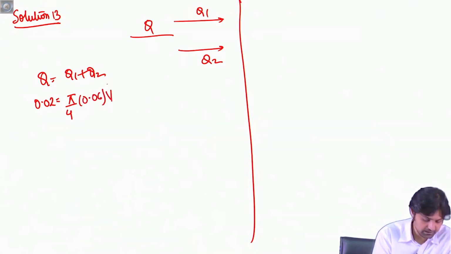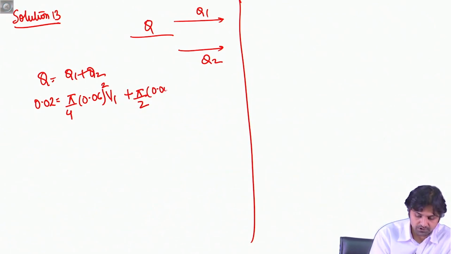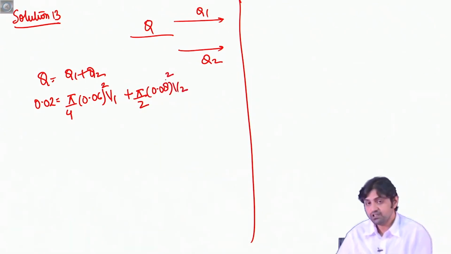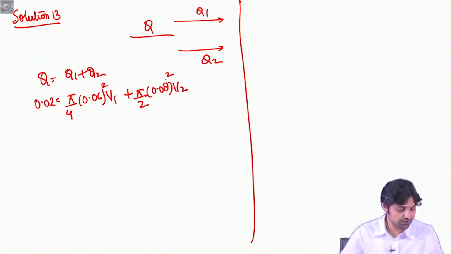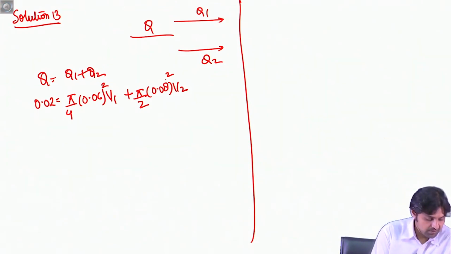Let us say velocity is V1 here and in pipe 2 it is V2, with pi by 4 into 0.08 squared. So, this is the continuity equation for discharge.